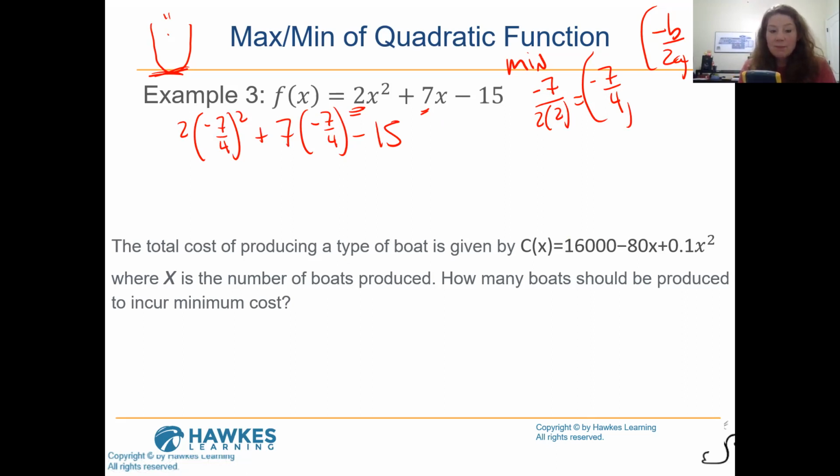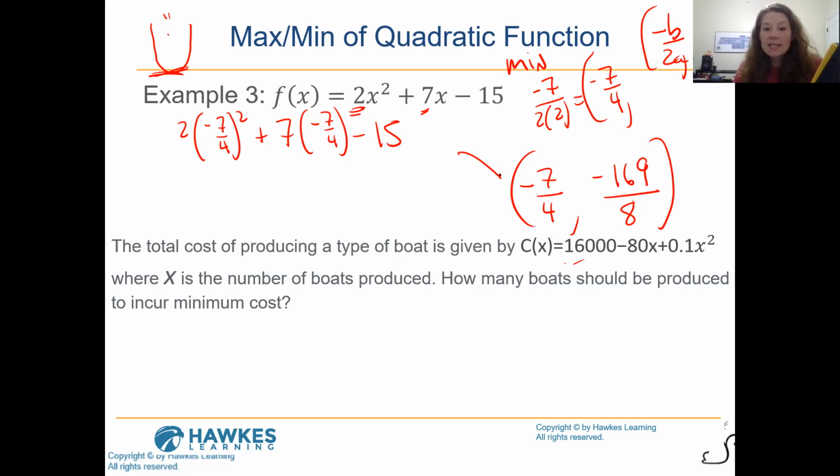Negative 7 over 4 in parentheses squared plus 7 parentheses negative 7 over 4 parentheses minus 15, and I got, wow, that's a crazy number. But when x is negative 7/4, y is negative 169 over 8. But that's the answer, that's the minimum, okay?